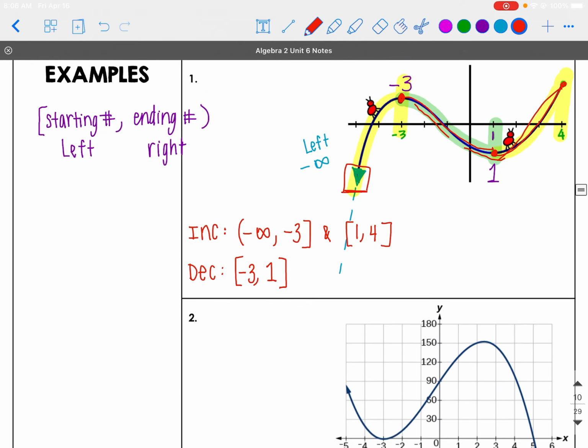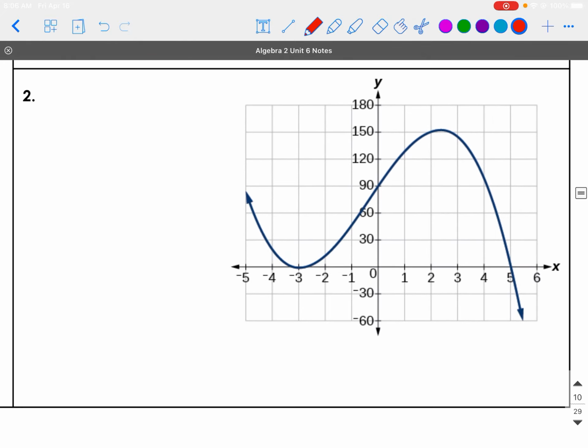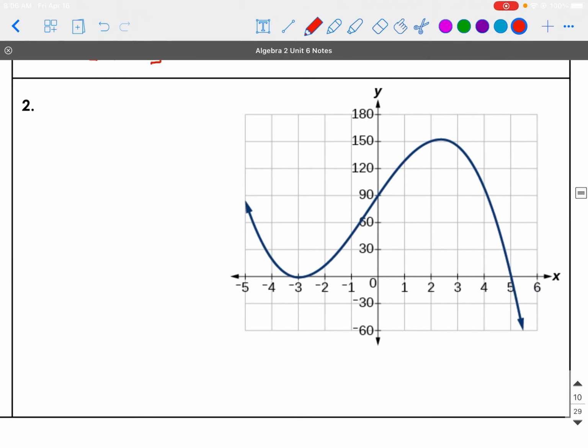Let's try another one. Number 2. What I like to do on these is, before I even start, I like to find these points right here. And remember, with increasing and decreasing, we only look at the x values. The y values don't matter. So the x value at that point, it's just a little bit over 2.